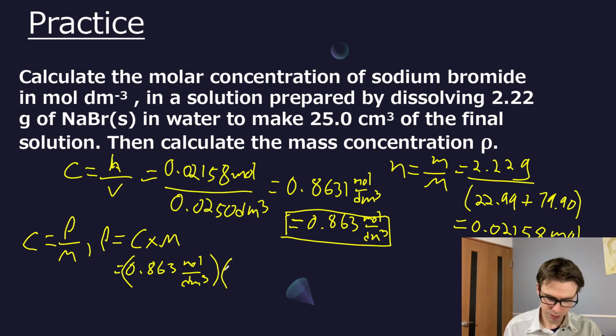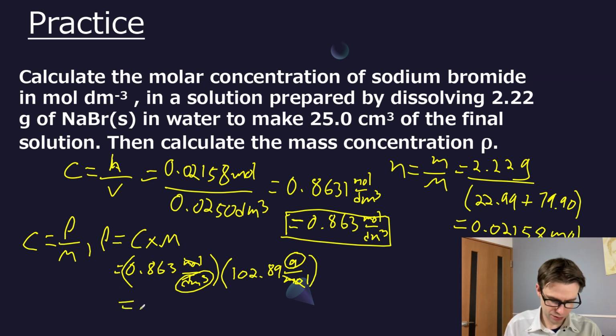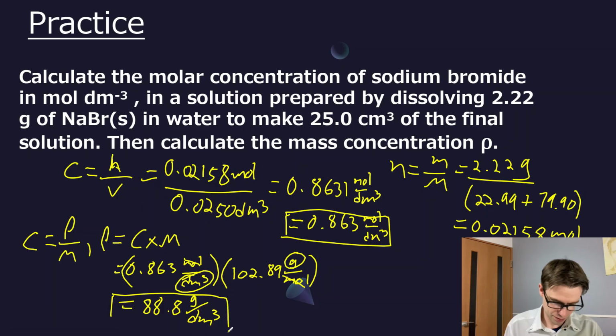Previously I calculated 22.99 plus 79.90. That was 102.89 gram per mole for sodium bromide. So you can see those units will cancel nicely. Mole disappears. We'll be left with gram per decimeter cubed, and that is the units of mass concentration. So this is 88.8 roughly gram per decimeter cubed. Final answer done.